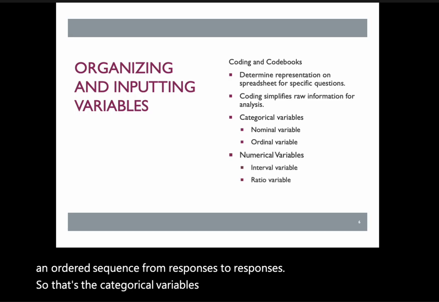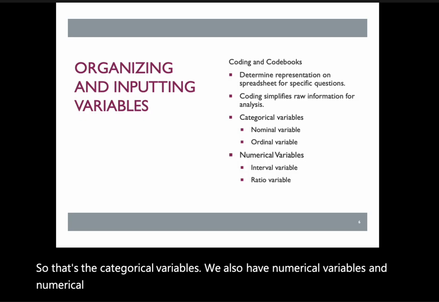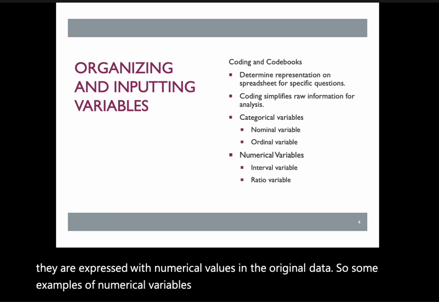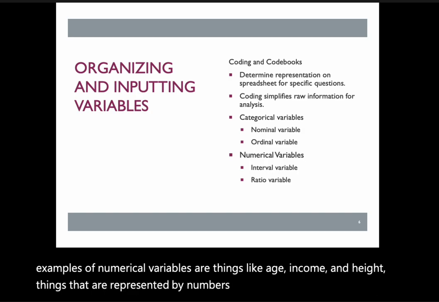We also have numerical variables. And numerical variables are known as quantitative variables because they are expressed with numerical values in the original data. So some examples of numerical variables are things like age, income, and height, things that are represented by numbers.